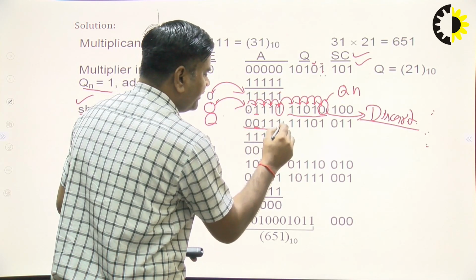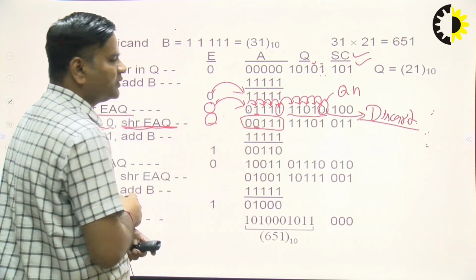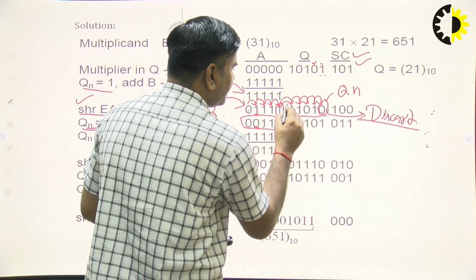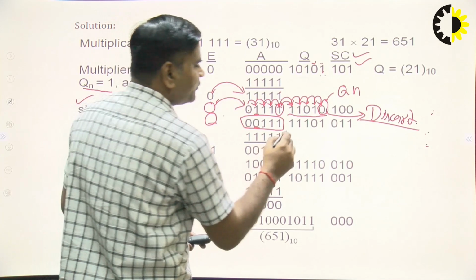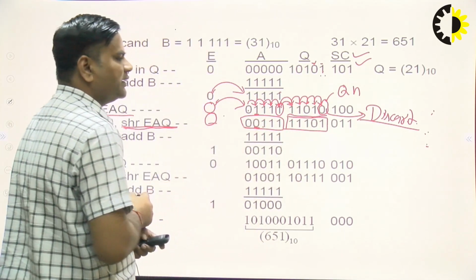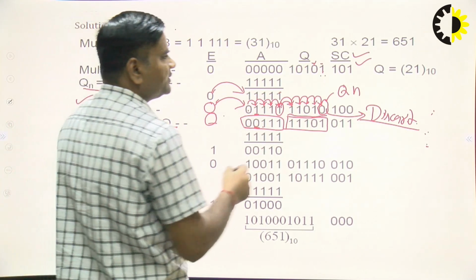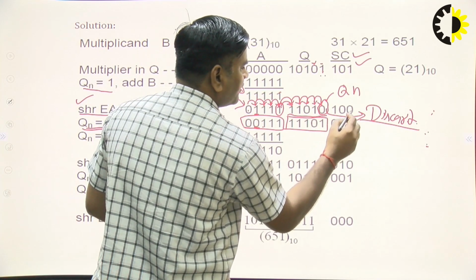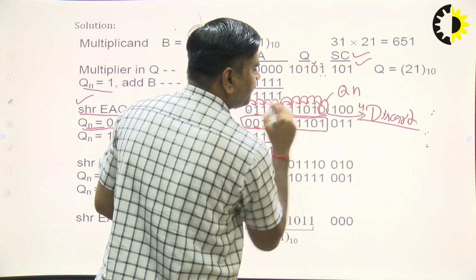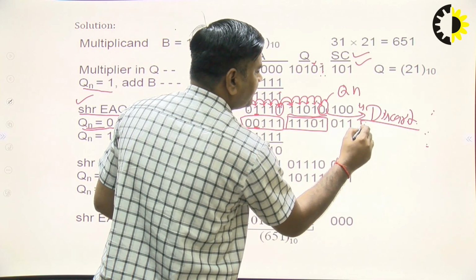So in A we got 0 0 1 1, and in Q this one is placed here. So we got Q, this is 3 times 0, then 0 1, and the sequence counter is decremented by 1, that is here 4, then minus 1, that is 3.